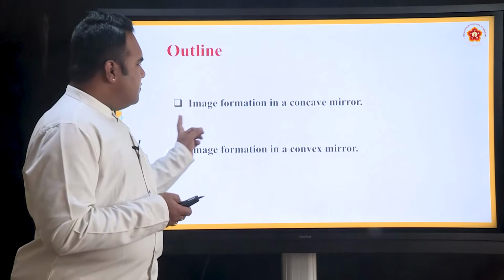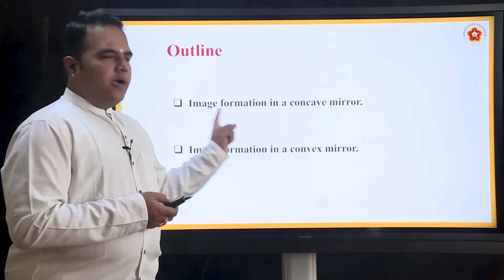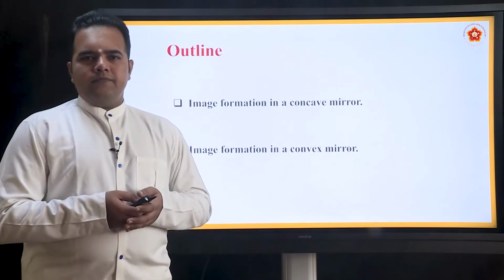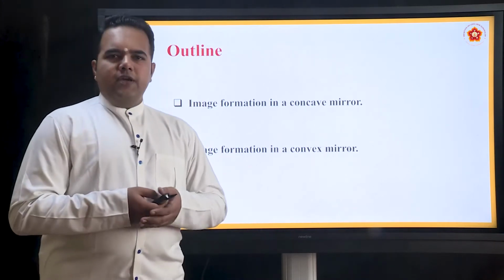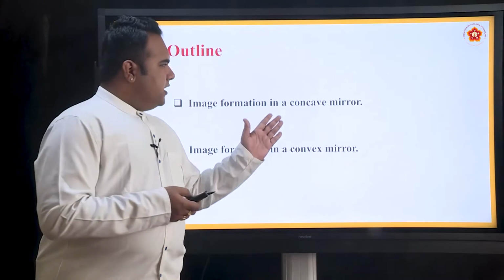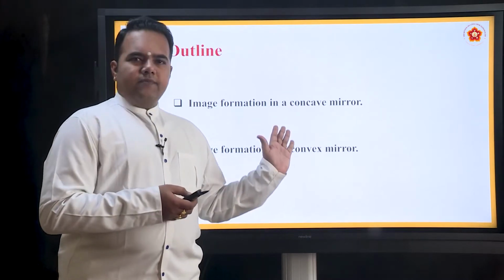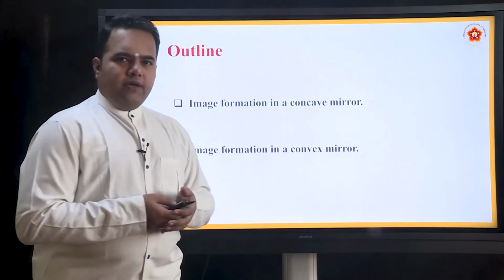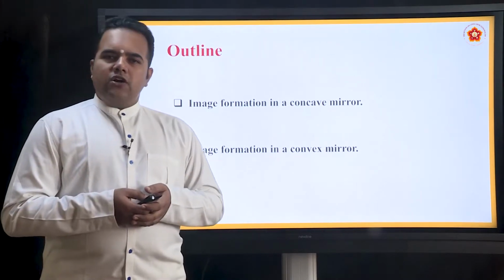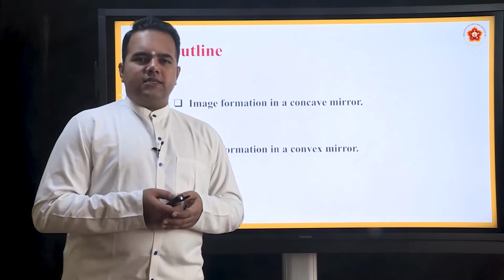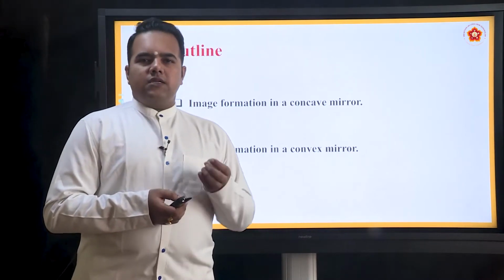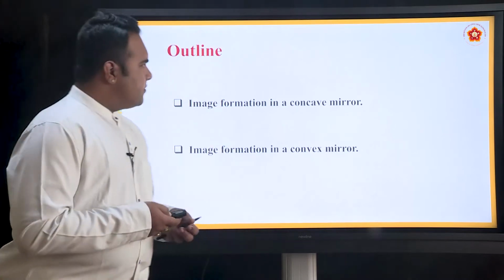As the object moves towards the mirror and is positioned at various points in front of the mirror, we see the image formed. The image can be formed on the same side or on a different side, and based on the image obtained, we talk of three properties: the position of the image, the nature of the image, and the size of the image formed.